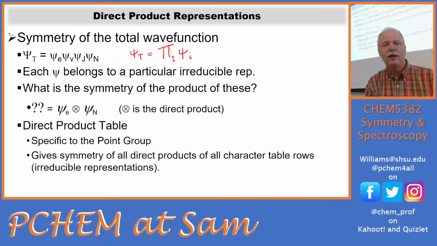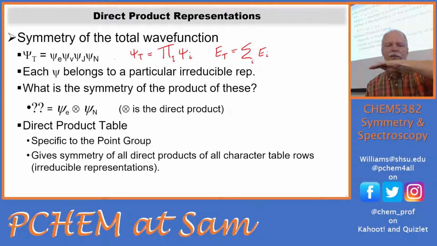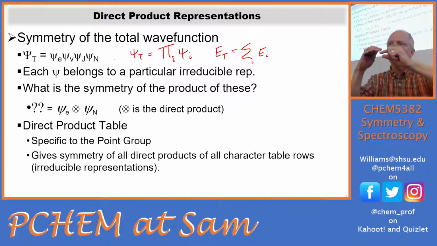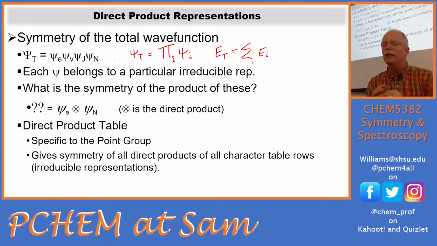So the big P, big pi here, is a product function. The total energy is equal to the sum of all the energies. Okay, so it's just something to keep in mind. When you're doing energies, we have the sum of all of those energies. So you have the electronic energy plus the vibrational energy plus the rotational energy plus, if there's translational energy, and so on.